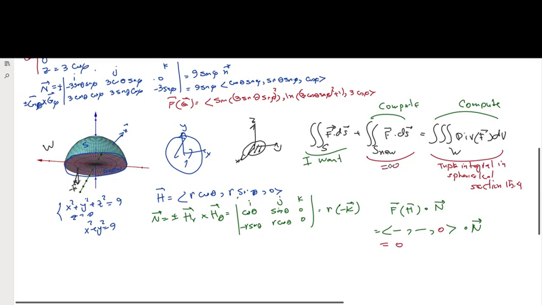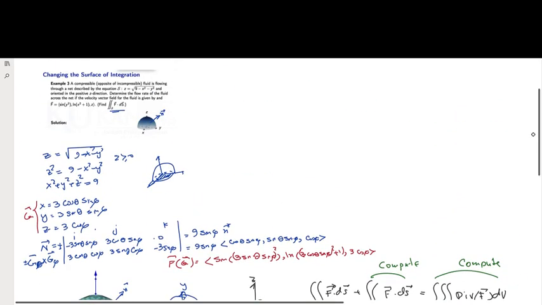All I need to do is find the divergence of f and then do a triple integral. So what is the divergence of f?